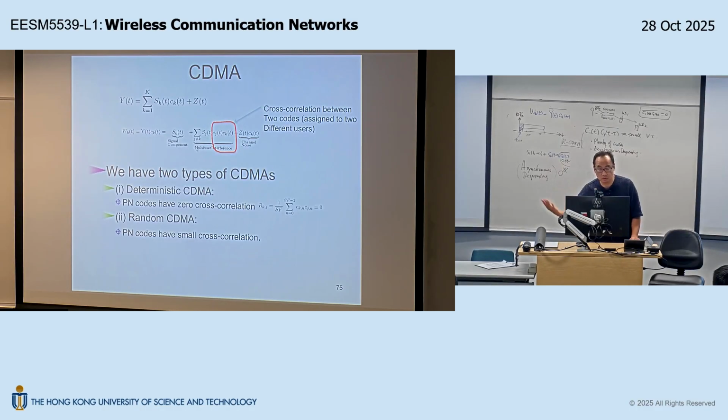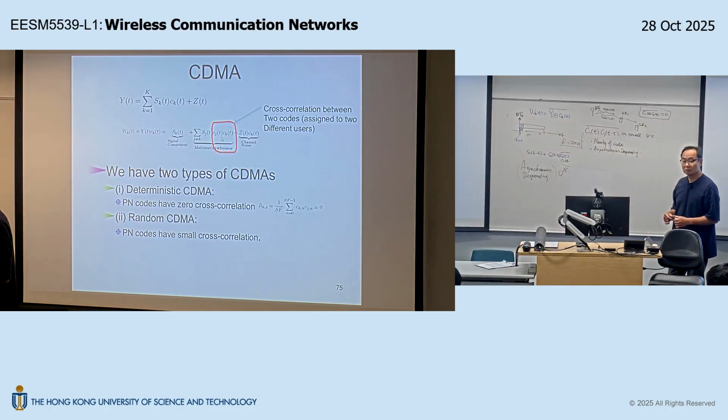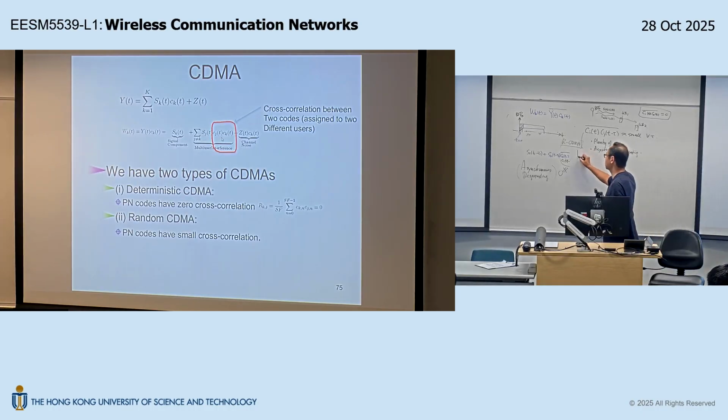So yes, you can have 2,000 codes, but at the end, the number of users is determined by the maximum tolerable interference power. Okay? So you cannot support 2,000 users with this. At the end, the system capacity in random CDMA is interference limited.